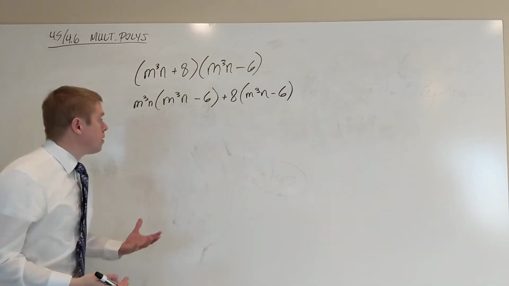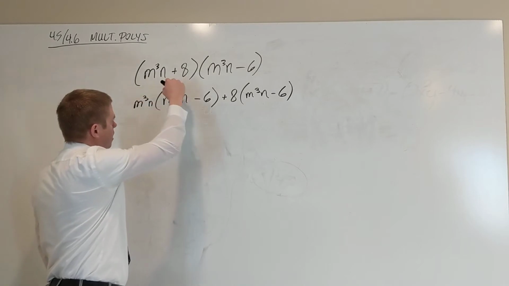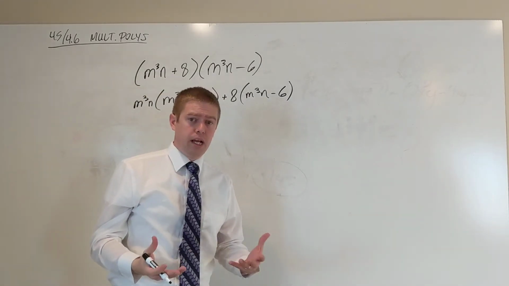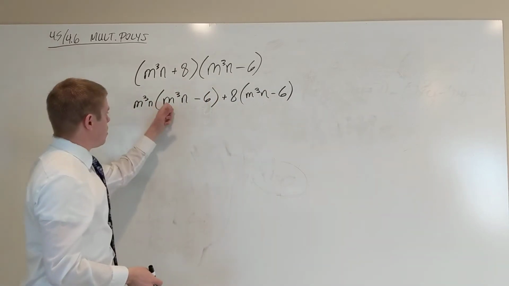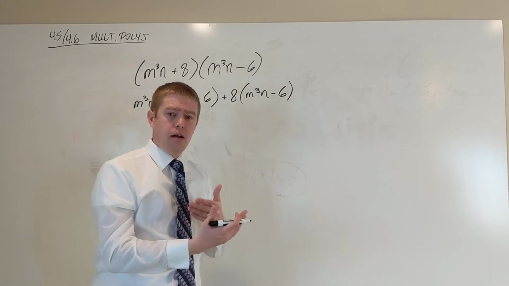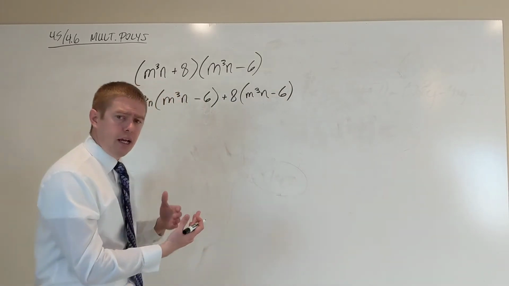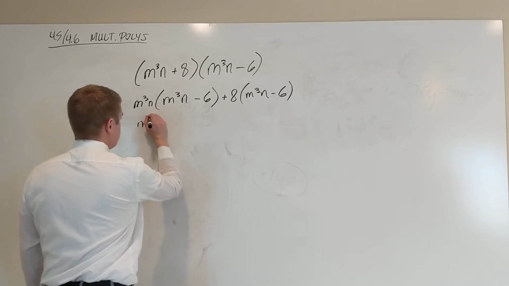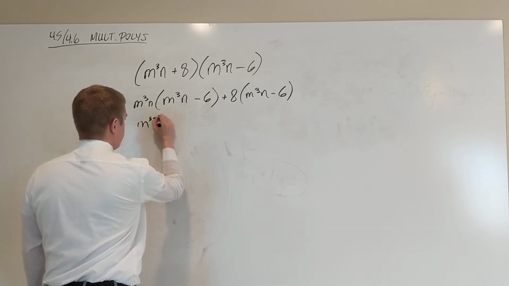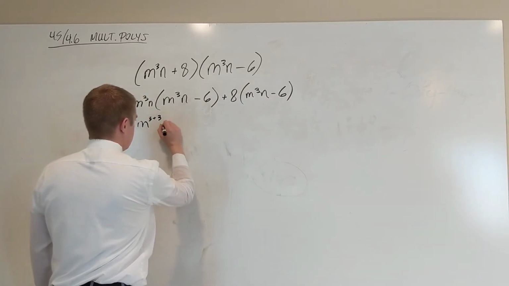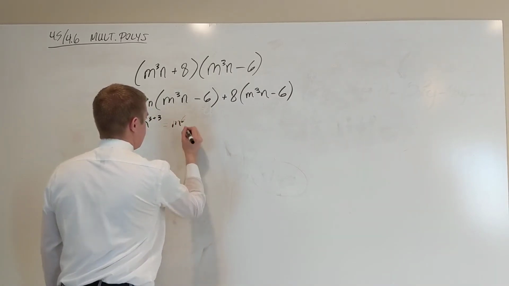And now we can just distribute the parentheses. We can say m to the third n times m to the third n. Now here we have the product rule in place. So we have m to the third times m to the third, and when we're multiplying, the exponents, we add them together. So that's m to the third plus 3, and that becomes m to the 6th.